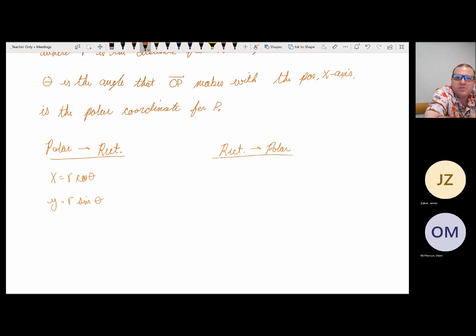Rectangular to polar: r squared is x squared plus y squared. Tangent of theta is y over x.